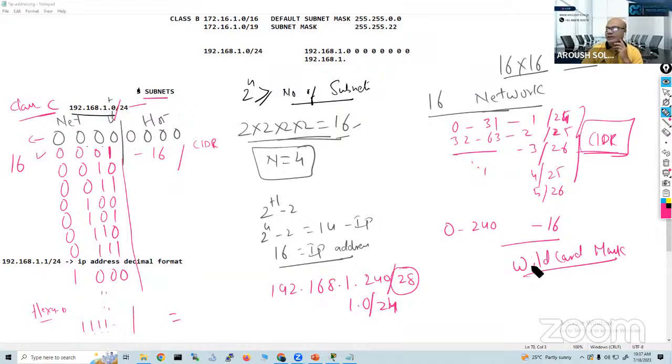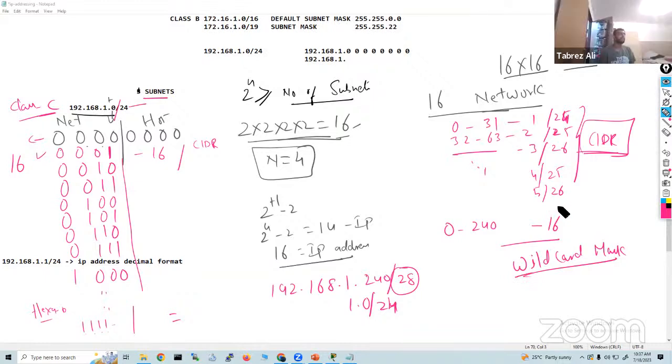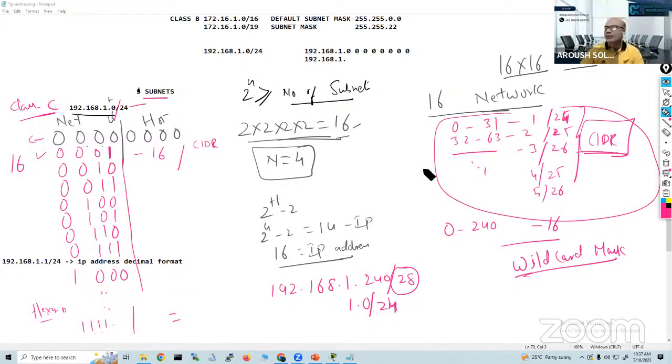Tabrez, are you aware of this wildcard mask? Yes, I had, but it's blown away. Okay, you just come up this, I want the CIDR value, because up to here you understood how to calculate the subnets, simple calculations.